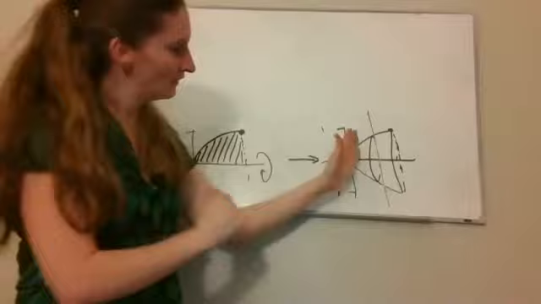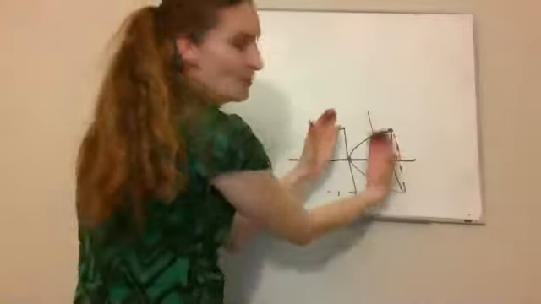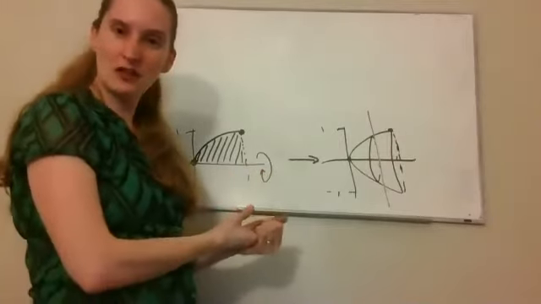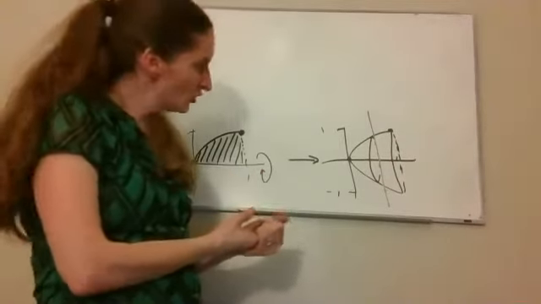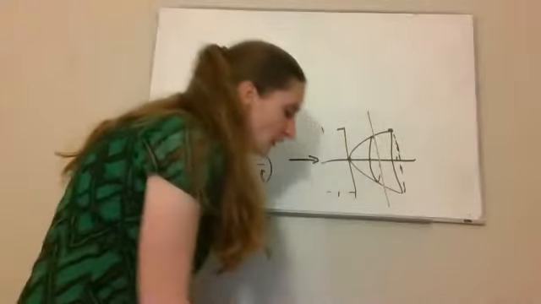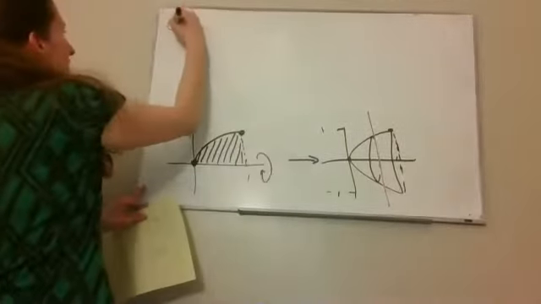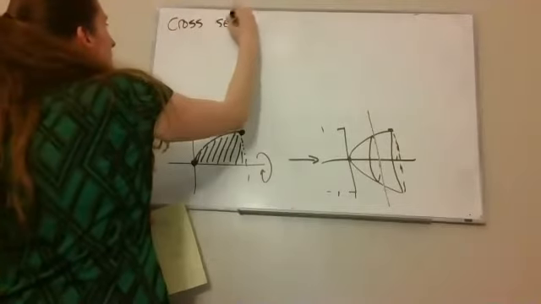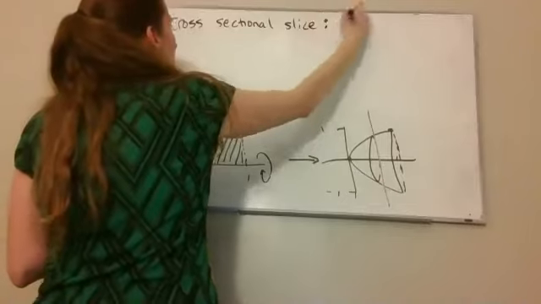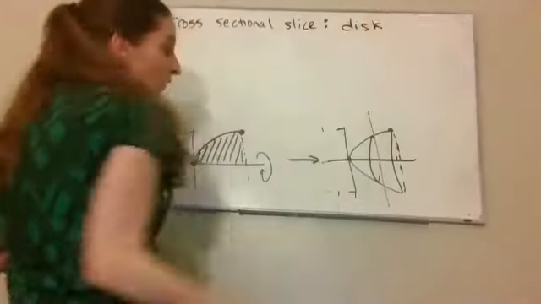So if I slice this object here, opened it up and faced it towards you, what does that cross section look like? Well, it should look like a circle or a disc. So my cross section, it's a disc or a circle.